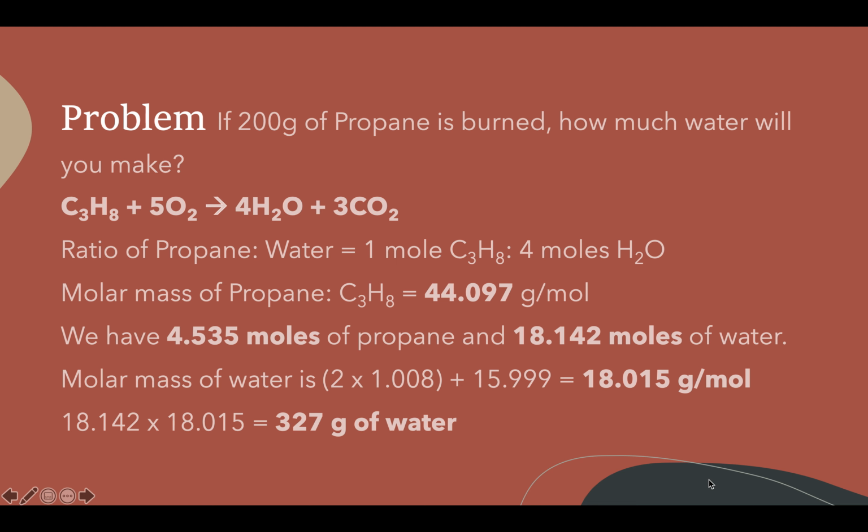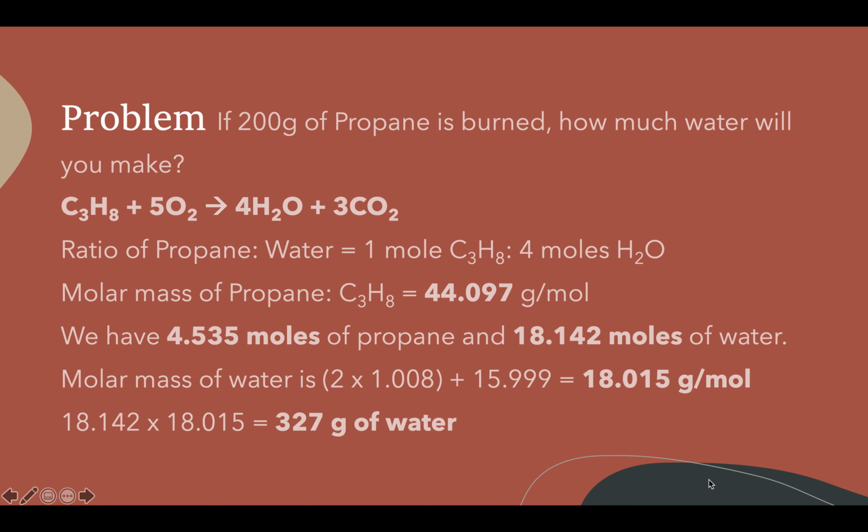If you have 4.535 moles of propane, you'll have 4 times that number of moles of water. And 4 times that number is 18.142 moles, which when we work out the molar mass of water and multiply it by the number of moles that we have, gives us 327 grams. 200 grams of propane will always give you 327 grams of water.